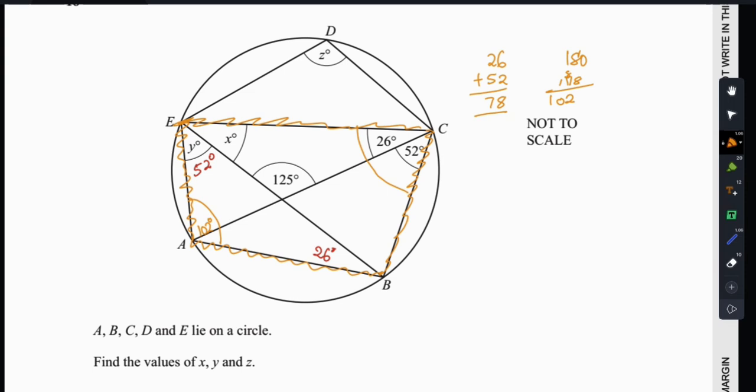Right. What else do we have? You can see there's 125 here, right? That's 125. It means we also have 125 degrees there, because vertically opposite angles are equal. What else can we find? We can probably find this angle here.